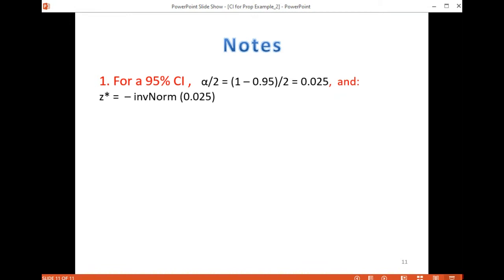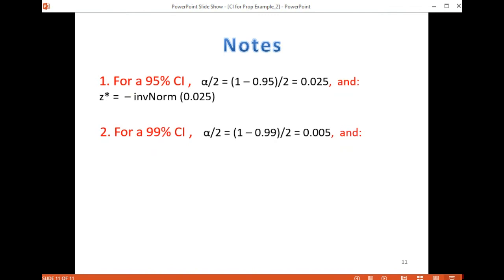Again, you would find alpha over 2. Remember, it's 1 minus 0.95 divided by 2. So that case would be 0.025. You take the opposite of the inverse norm of that, and that will give you your z star, or your z alpha over 2. Now let me do that also for 99%.